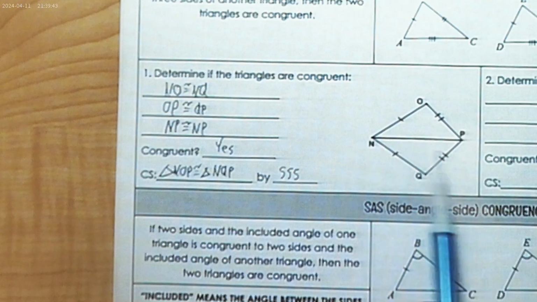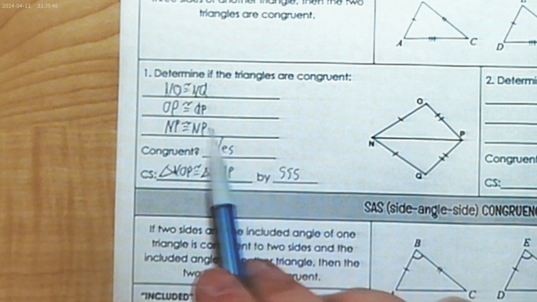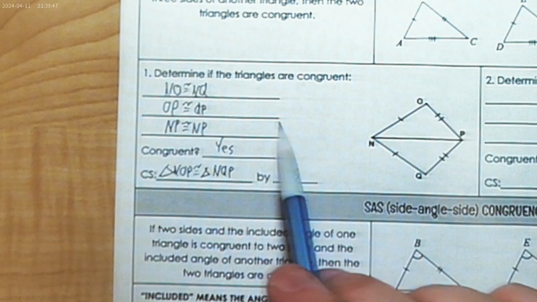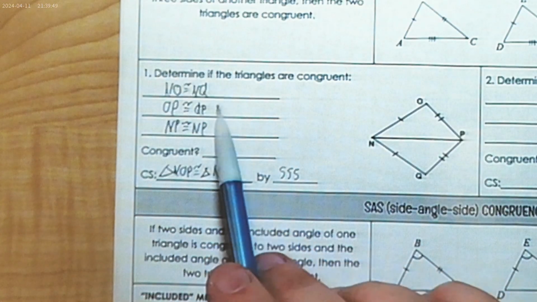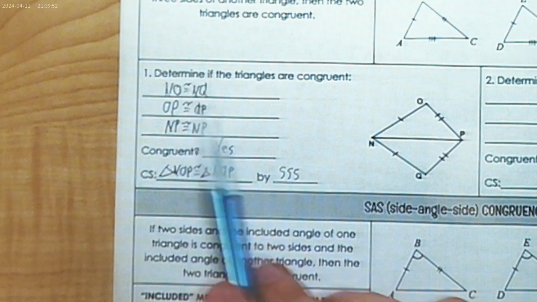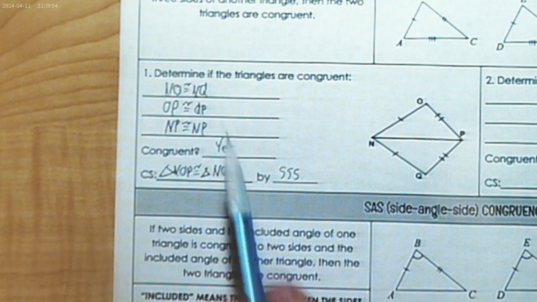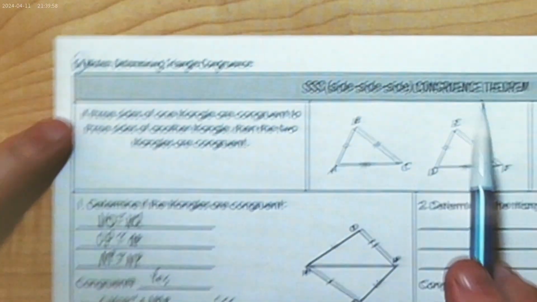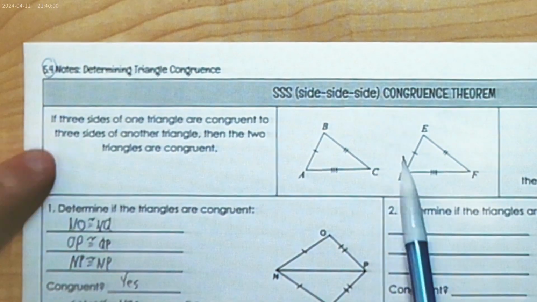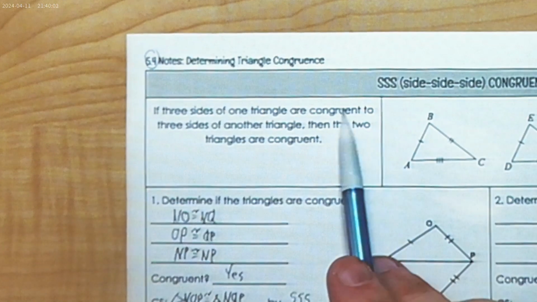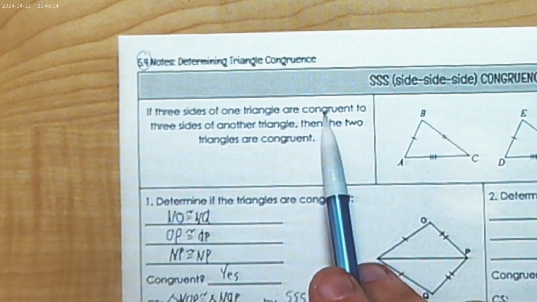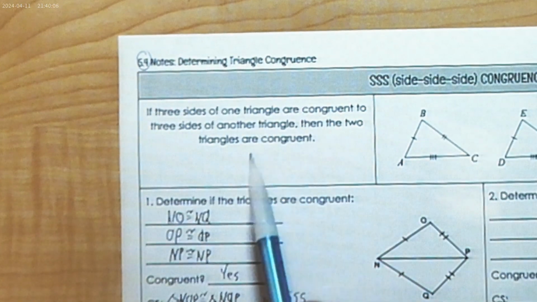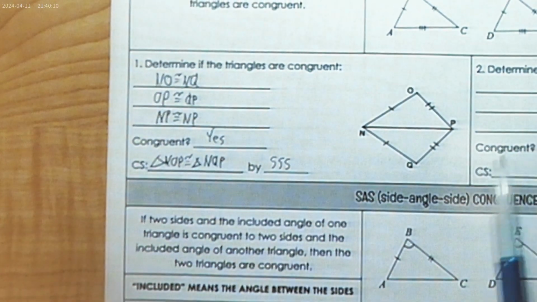And then obviously NP is equal to NP, so I write it down here. Since I've established these three facts, I can say that they are congruent because of the side, side, side congruence theorem, which is, again, if three sides of one triangle are congruent to three sides of another triangle, then they are congruent. So there we are.